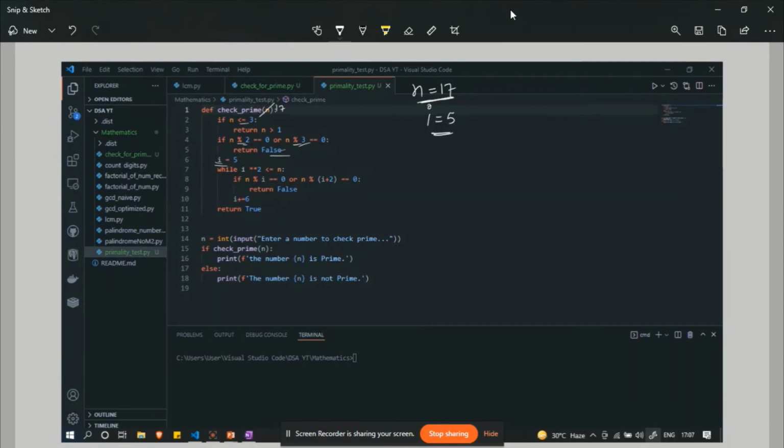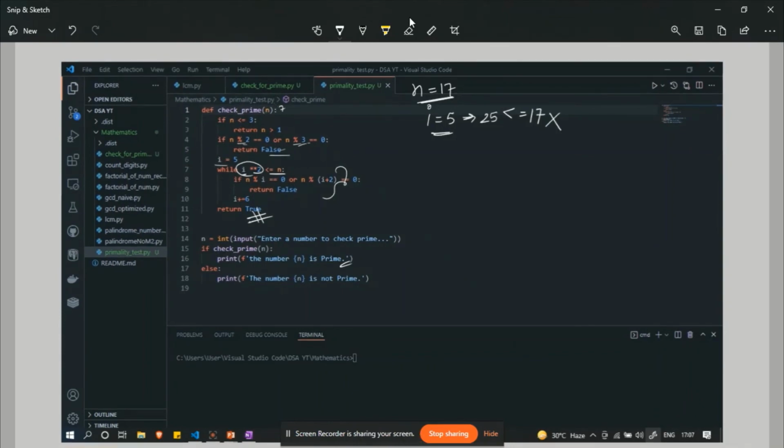We went into the while loop: 5 squared is 25, which must be less than or equal to 17. The condition is false, so it is not going to go inside the loop, and so it is true that the number is prime, right?